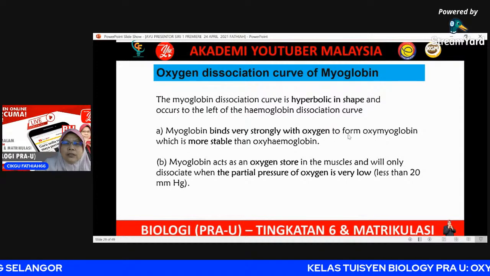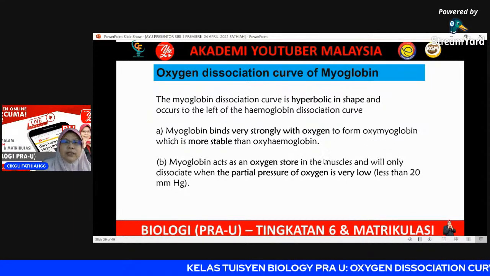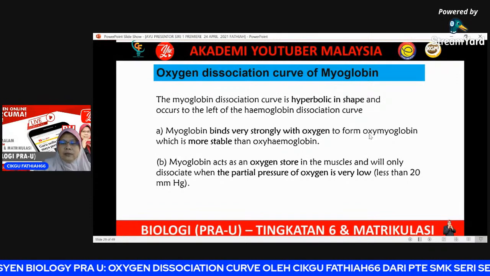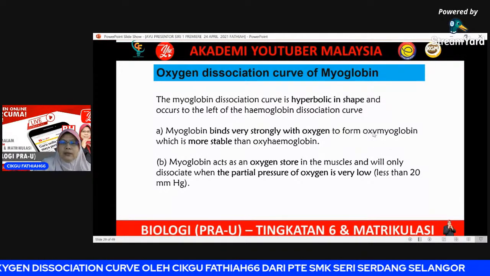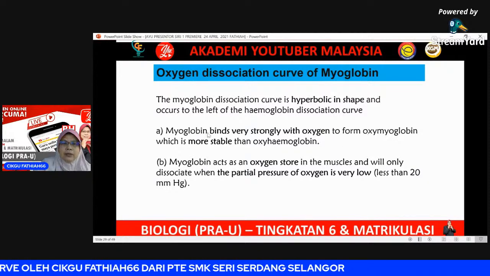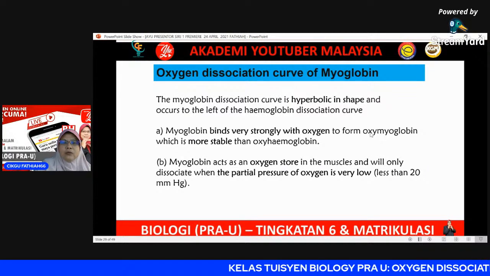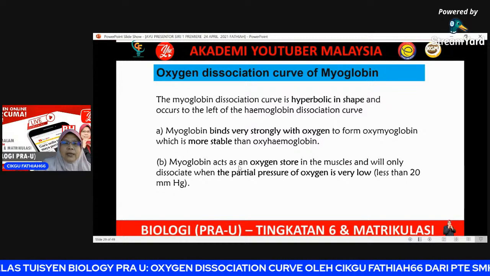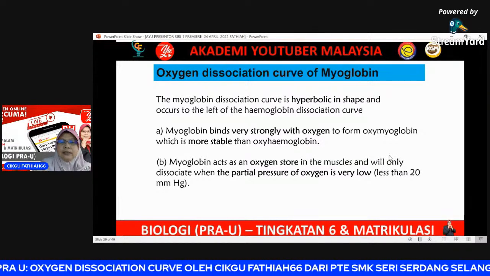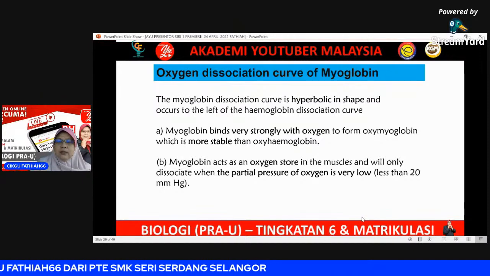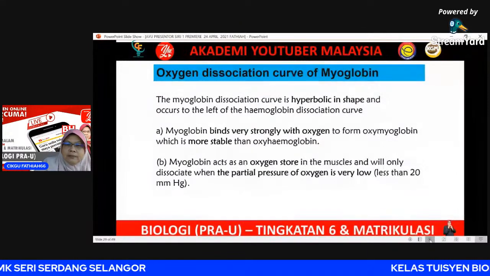Myoglobin binds very strongly with oxygen to form oxymyoglobin, which is more stable than oxyhemoglobin. Myoglobin acts as an oxygen store in the muscle that will only dissociate when the partial pressure of oxygen is very low.